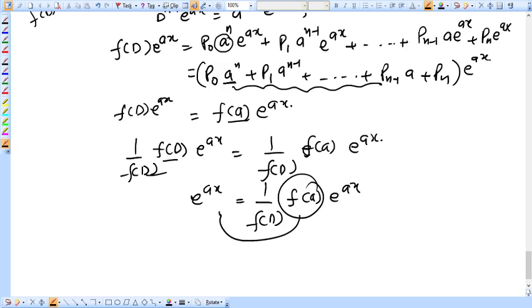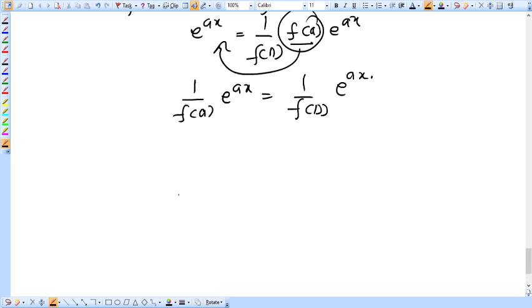Now, since it is constant, because a is constant, we can take this to the other side, and thus we get f of a times e^ax is equal to 1 upon f(D) e^ax. So thus we have solved this particular integral.